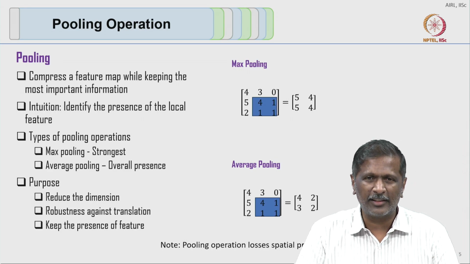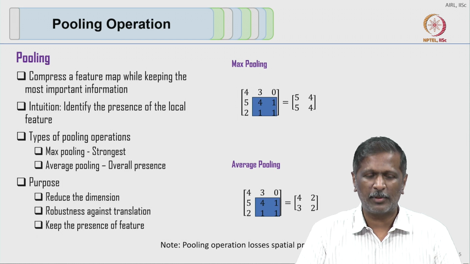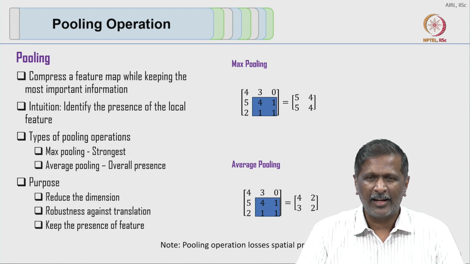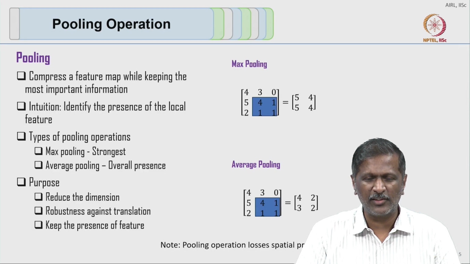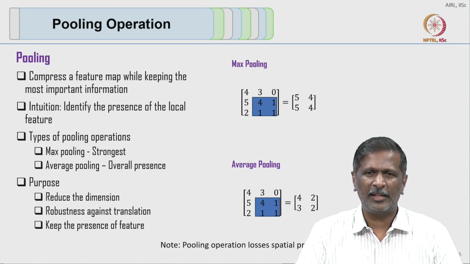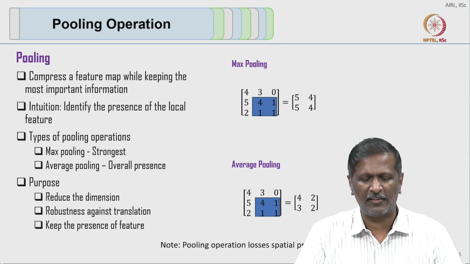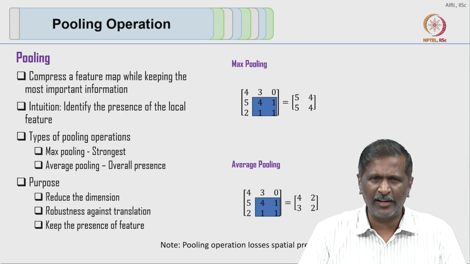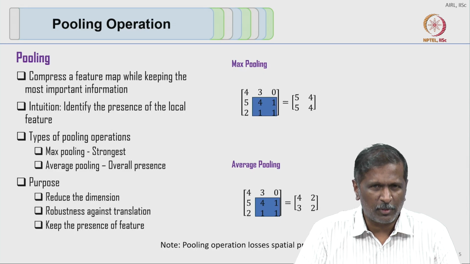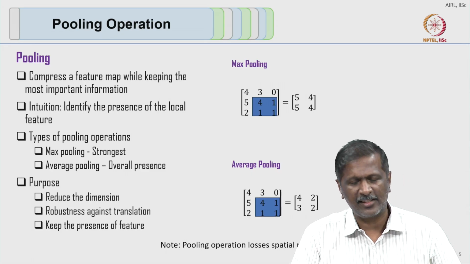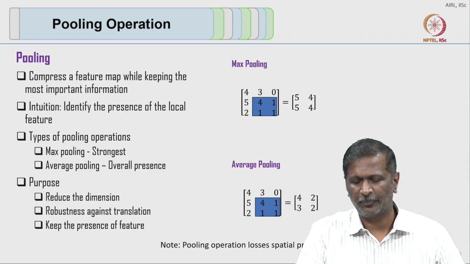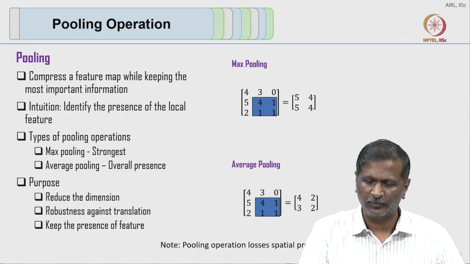So I want to reduce the dimension so that I can process it, and I go into pooling. It gives the presence of a local feature, and I can read the maximum information or average information. It reduces the dimension, is robust against translation, and preserves the presence of the feature, right? I can use that.